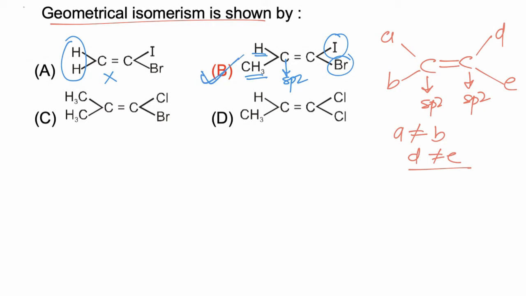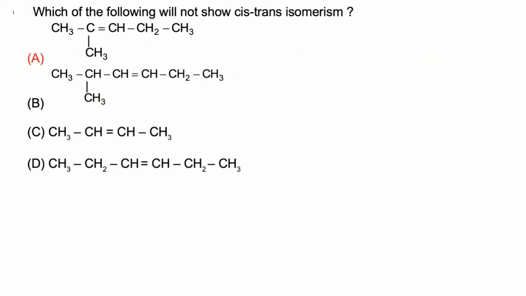If we take option C, these two CH3 are the same, so this molecule will not show GI. In option D, the groups attached at the left carbon are different, but the groups attached at the right carbon are the same, so this molecule will not show GI, and hence the correct answer is B.